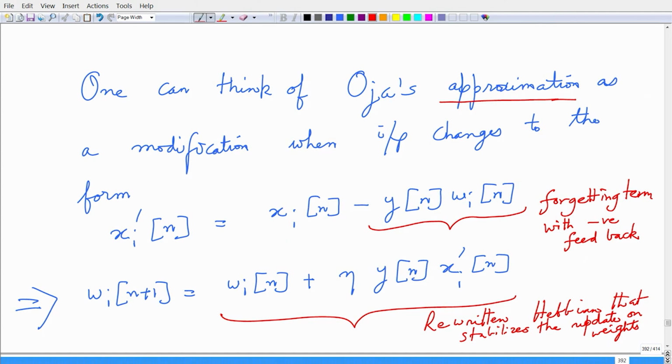This is very important because this negative term is giving you the negative feedback, because you are feeding back y and this is giving you stability. Otherwise, in the original Hebbian update the weights would blow up.